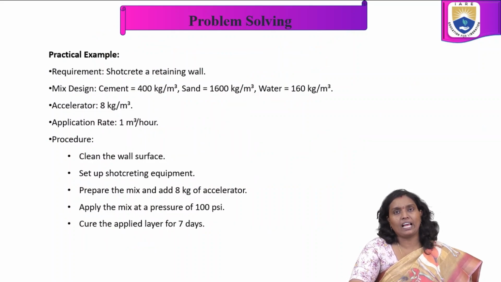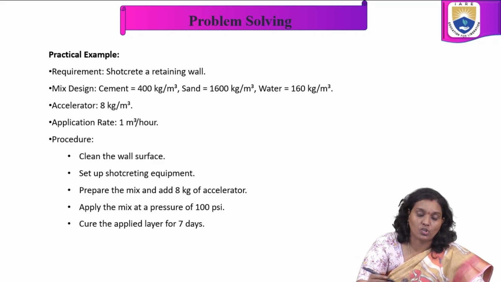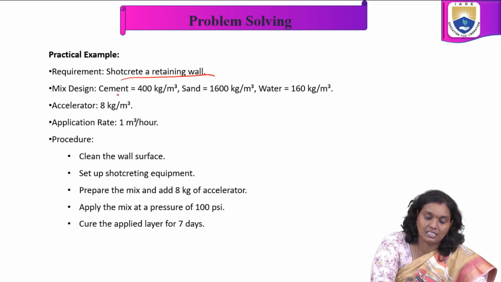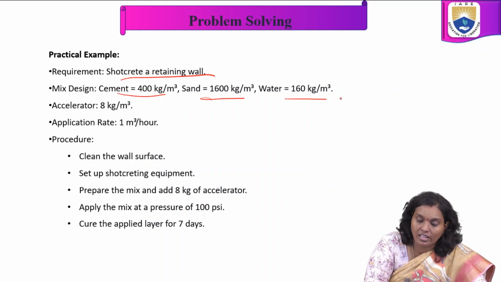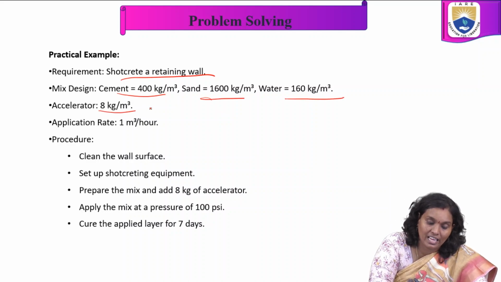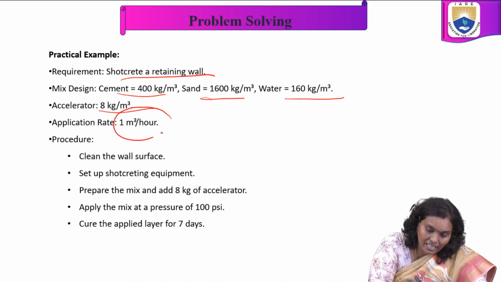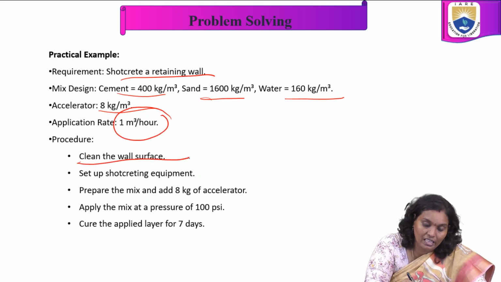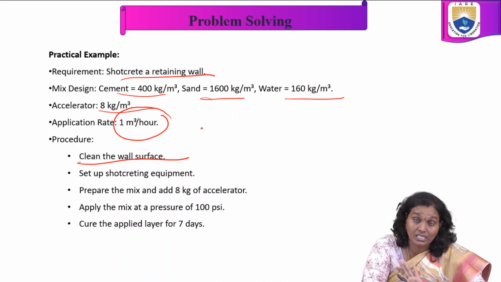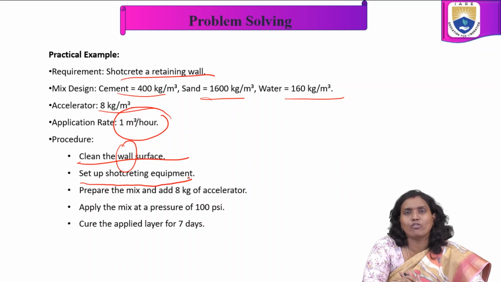In this, the practical application requirement: shotcrete a retaining wall, that is cement 400 kg, sand 600 kg, water 160 kg, accelerator 8 kg. The application rate is 1 meter cube per hour. It involves the procedure: clean the wall surface, set up the shotcreting equipment.